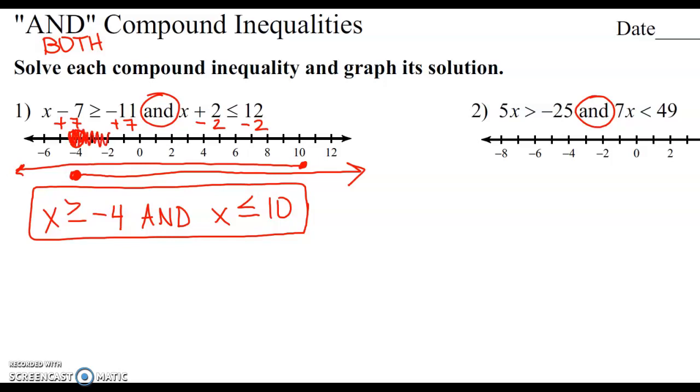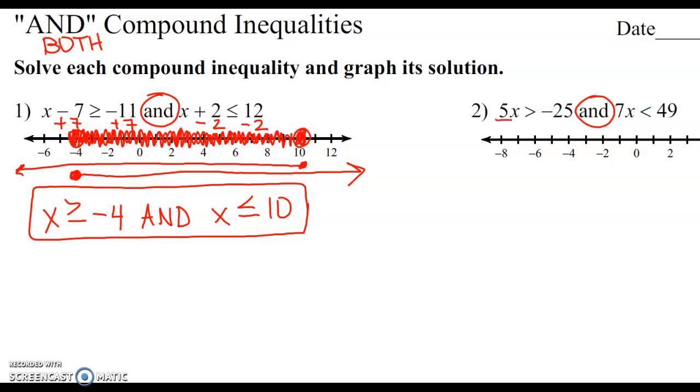I want the numbers that are greater than negative 4, but I don't get to go on forever because they also have to be less than or equal to 10. So it's the numbers between negative 4 and positive 10. They have to be bigger than negative 4 and at the same time less than 10. So they end up looking like 2 dots shaded in between the majority of the time.